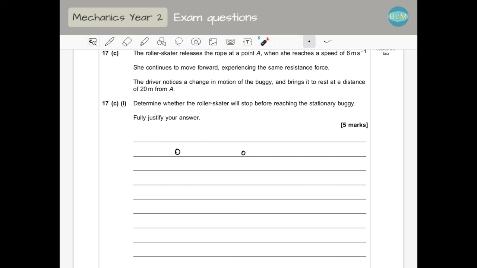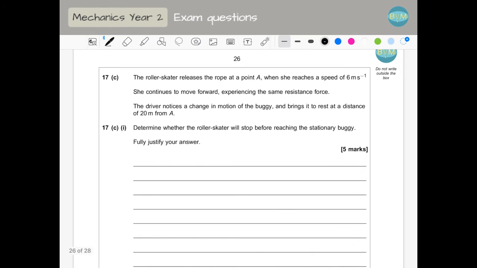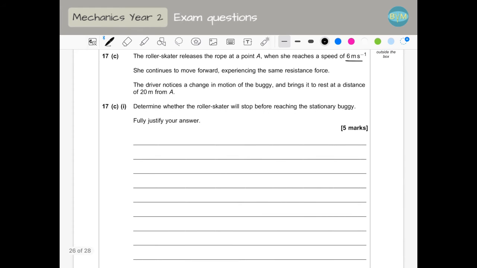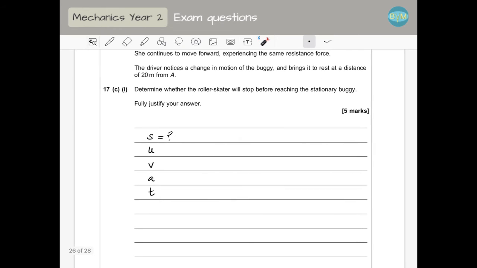So we are going to find the distance that this moves before stopping. We know an initial velocity, which is this 6 meters per second, and every time we are asked about distance, velocities, times, things like that, we have to think about SUVAT. Yeah, we are going to work with constant acceleration. We need to find this distance to see if it's greater than 20 meters, or smaller or equal.